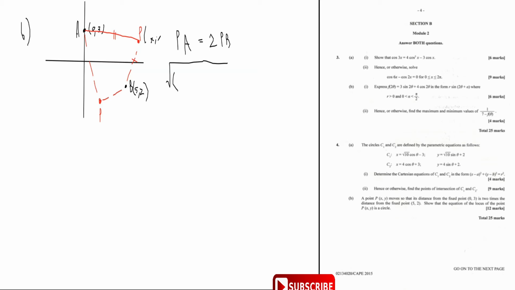And so it is the square root of x minus 0 squared plus y minus 3 squared, and that is equal to 2 times the distance from P to B. The distance of P to B is the square root of x minus 5 squared, plus y minus 2 squared.